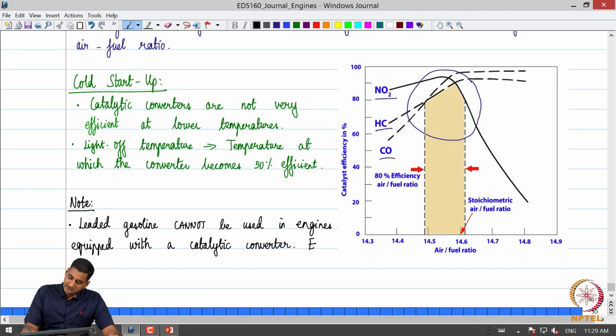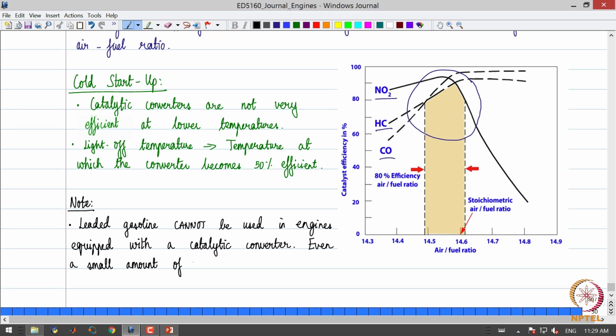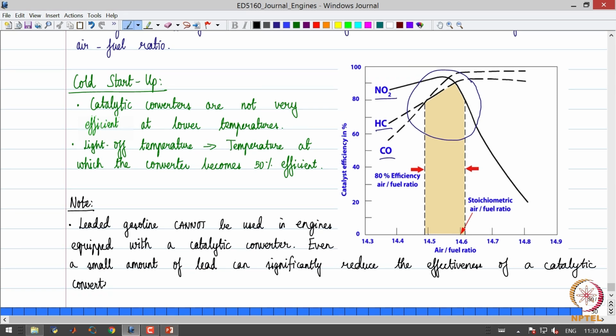Okay. So, even a small amount of lead can significantly reduce the effectiveness of a catalytic converter in reducing emissions.